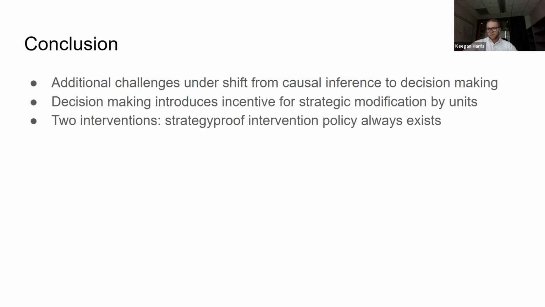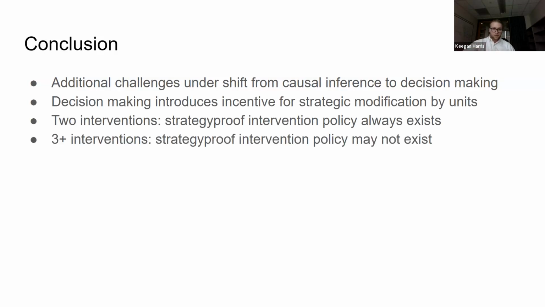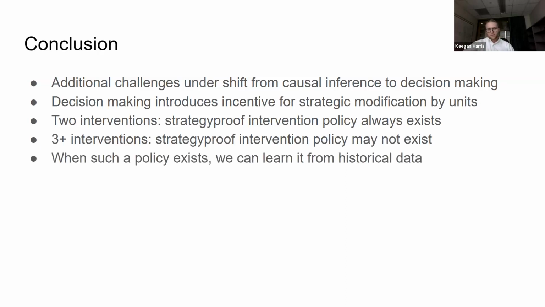This is the basic idea there. Under 3 or more interventions, we show that a strategy-proof intervention policy may not always exist. However, we give a sufficient and necessary condition for one to exist. And then when such a policy does exist, we can learn it from historical data, which has been collected through, for example, an A/B test in which units were not strategic.